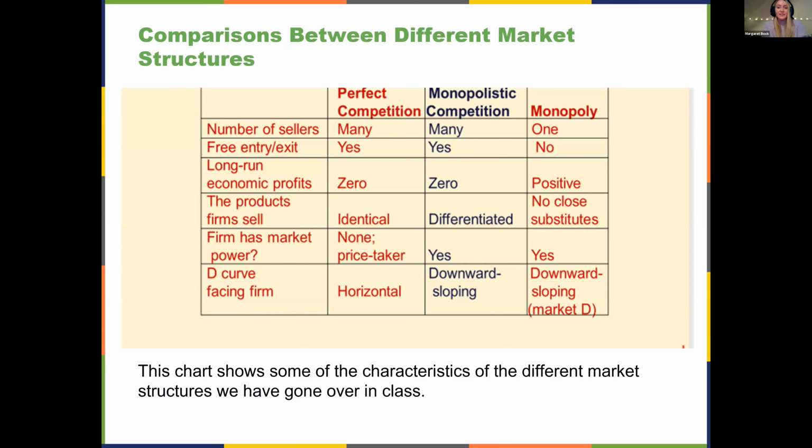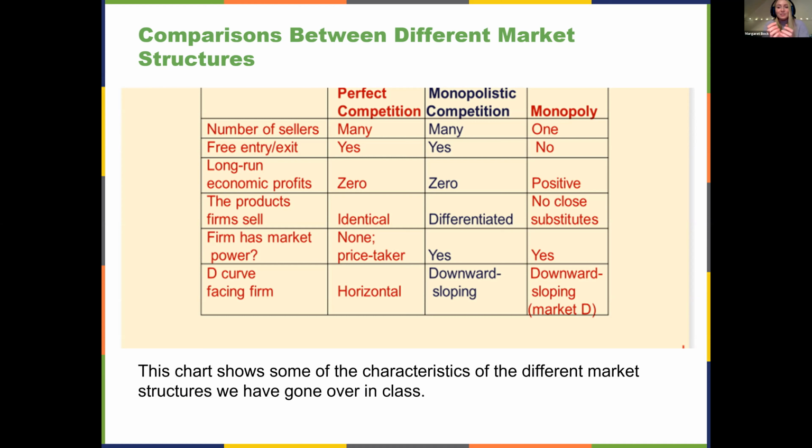So this table, I think, is very useful, and I would pause the video and take some time to write this down in your notes, because this will really help you understand how monopolistic competition fits in the middle of the two extremes of market structures, and what aspects of monopolistic competition are similar to perfect competition, and what aspects are similar to monopoly.